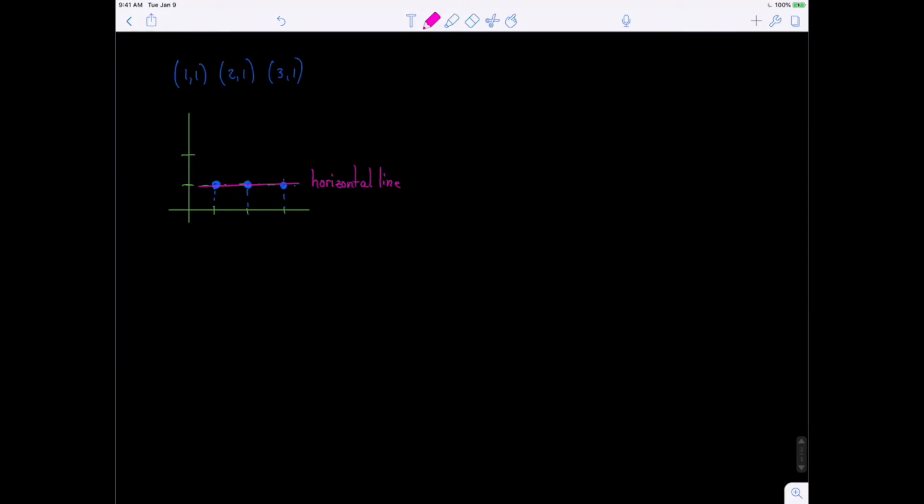So here we go. We're going to make our table again. We have our X and our Y, our XY, our X squared, and our Y squared. So we're going to make this table, and we're going to find the correlation R, and then we're also going to find B for this. So let's see, my data set is 1, 1, 2, 1, and 3, 1.